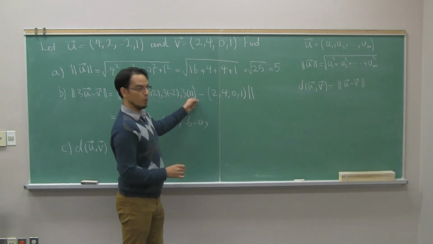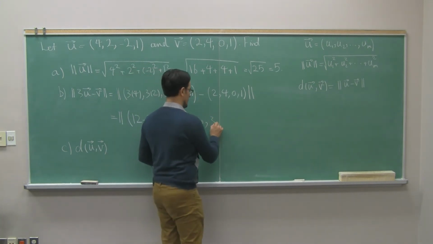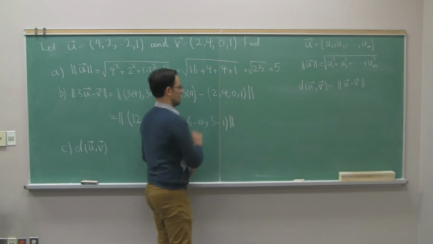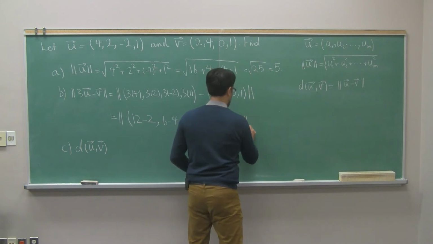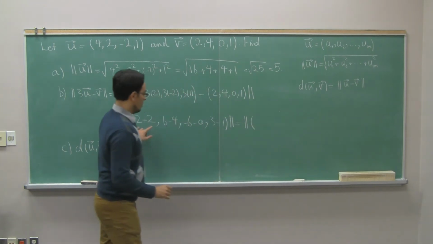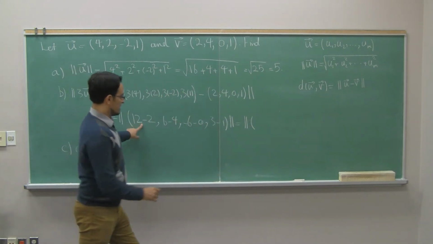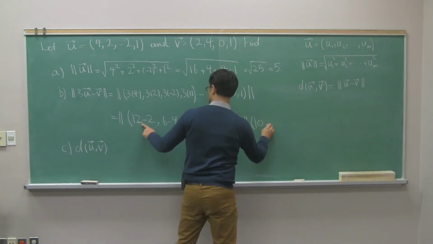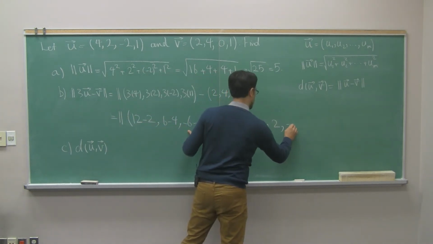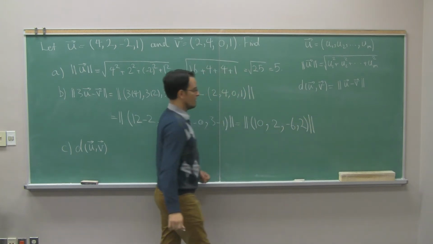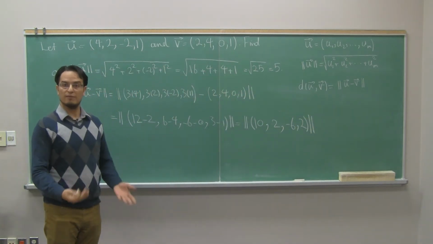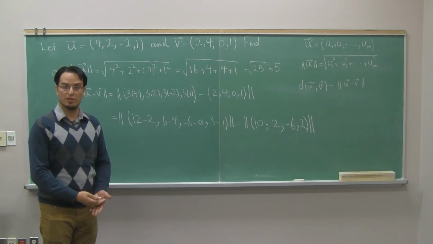And 3 times 1 minus 1 is 3 minus 1. Well, we are very close now. I have the vector, which is 10, 2, negative 6, and 2. All the components are there.